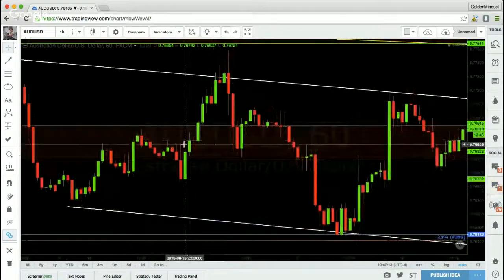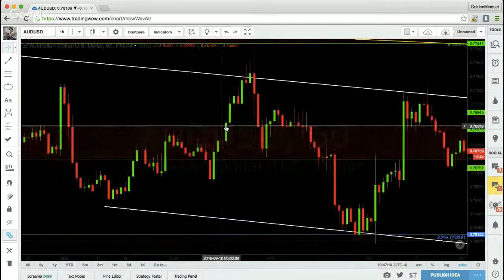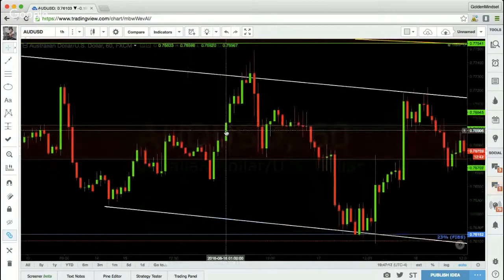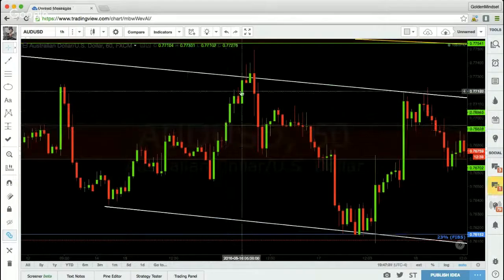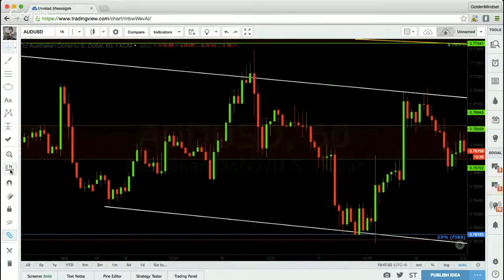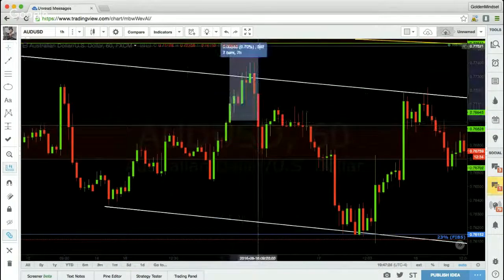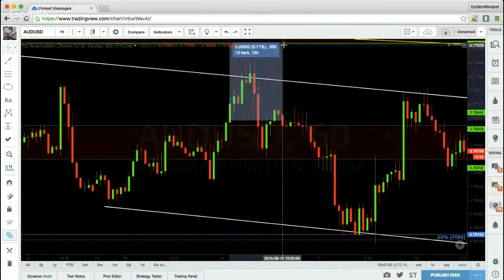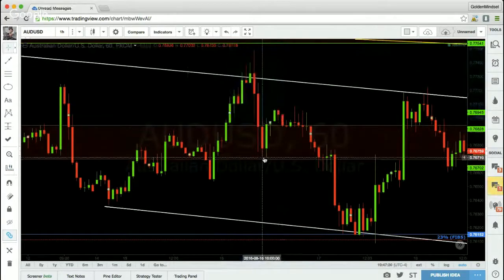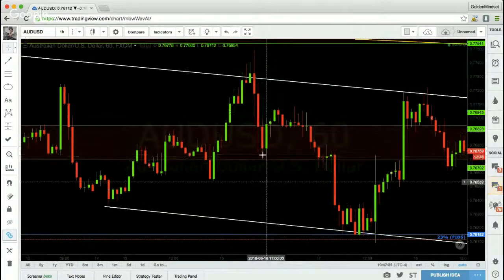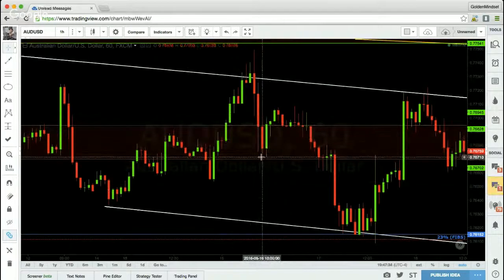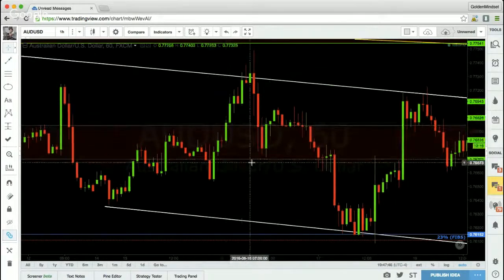So here you would have said, wow, I have a zone, plus I have Stochastic RSI overbought, so I'm gonna sell. But look, the market kept going up. Sorry, you know what I mean? So you would have been in negative. Then it went back down, but it didn't go really back down before going back up. So you probably would have got scared and closed your position somewhere around there. So you would have made probably like 20 pips.